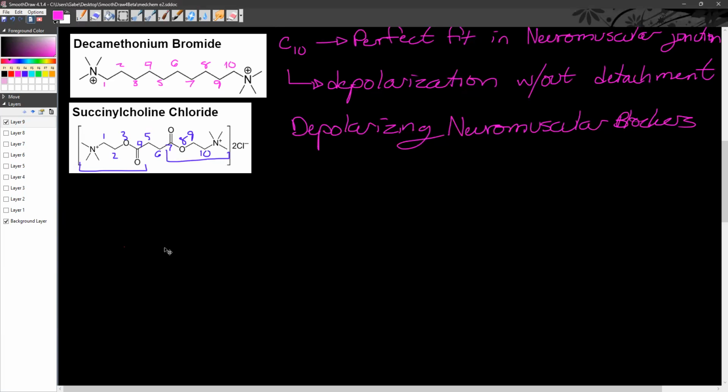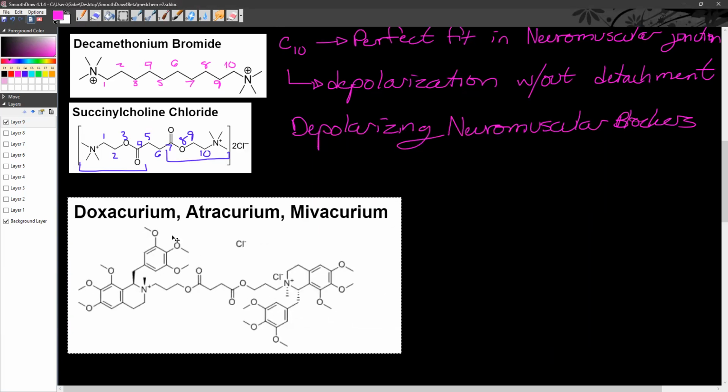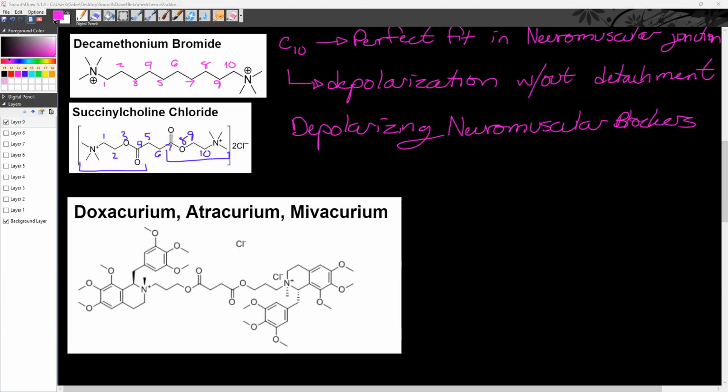So we'll take a look at doxycurium, atracurium, and mivacurium. And here is the structure of doxycurium, I believe. Yes. And essentially, these drugs are going to have very, very similar structures. I'm only going to show you one just because they're going to have the same effect, so you can fill these in specifically.